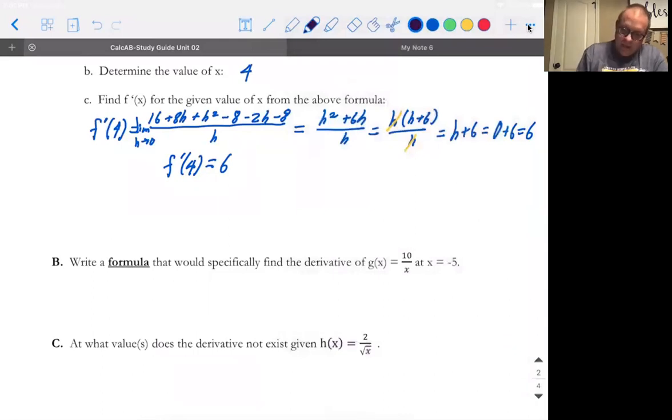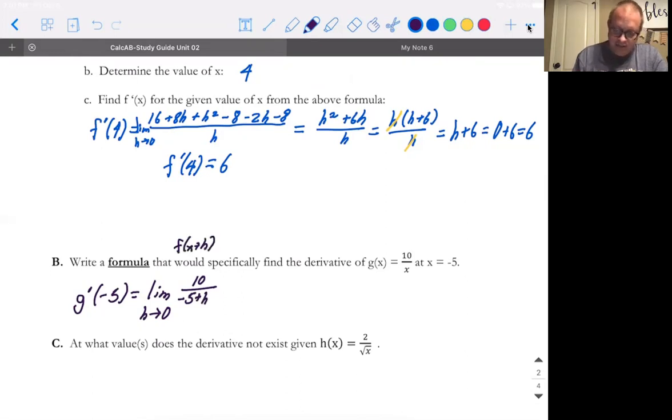Okay, so what would we write for that? Well, we would write that g prime of -5 equals the limit as h approaches 0 of 10. And where I see an x, I would write -5 plus h in place of that, because our formula says I need f of x plus h first of all.